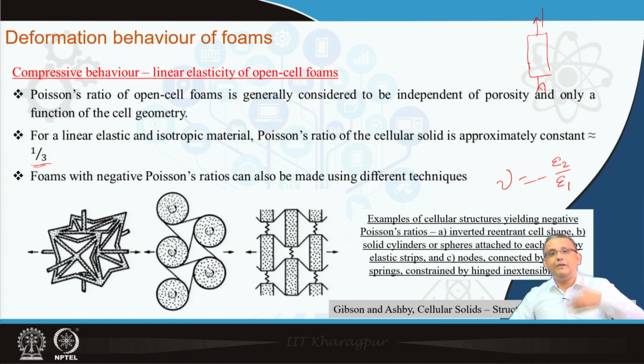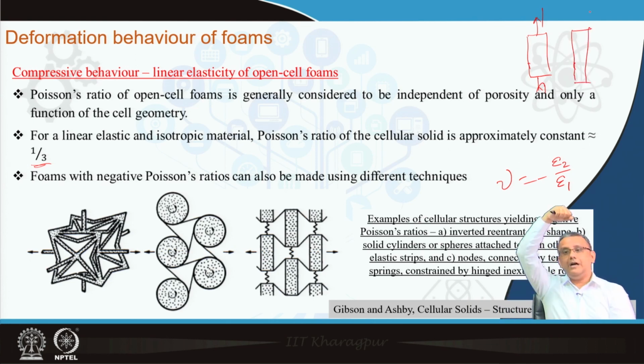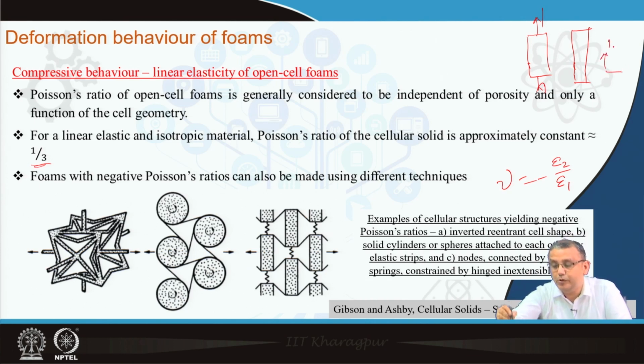Because we are pulling this material, the bar will undergo elongation, and it will thin down. That means it will be longer, and at the same time it will become slender. If this is direction 1, the pulling direction, and this is direction 2 along which the material is shrinking or thinning, then the Poisson's ratio is minus epsilon 2 over epsilon 1.